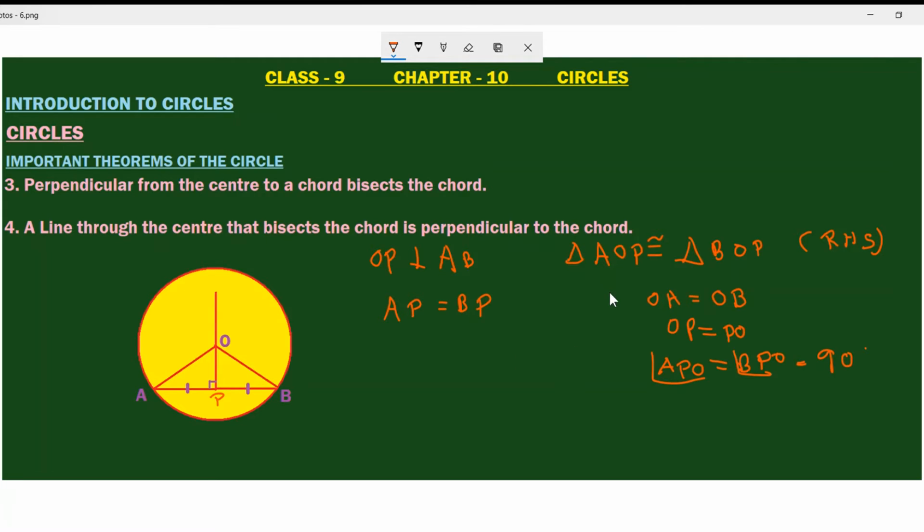If these two are congruent, then I can say AP and PB are corresponding parts of congruent triangles. So according to that, we can prove AP is equivalent to BP. Hence, we have proved the third theorem. Now we have to prove the fourth theorem.